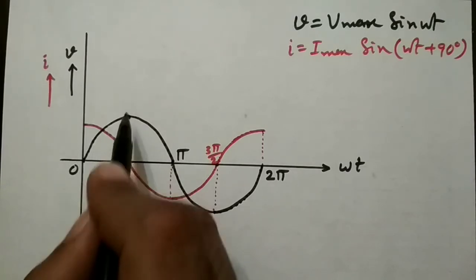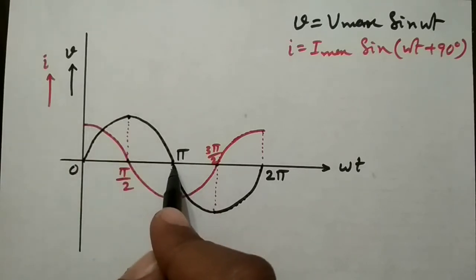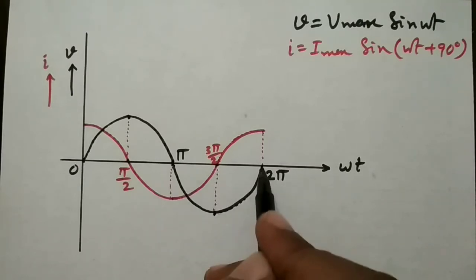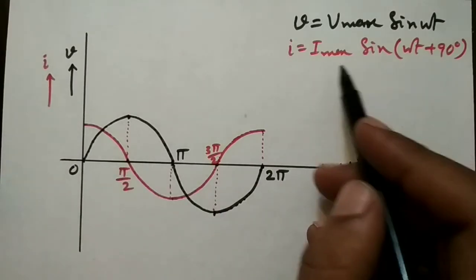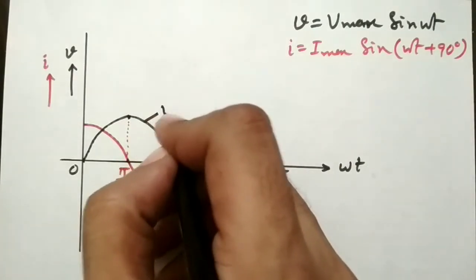At 90 degree, the voltage will be maximum. At pi, the voltage is 0. At 3 pi by 2, it will be minus Vmax. And at 2 pi, the voltage will be again 0. So this is the waveform of the voltage.